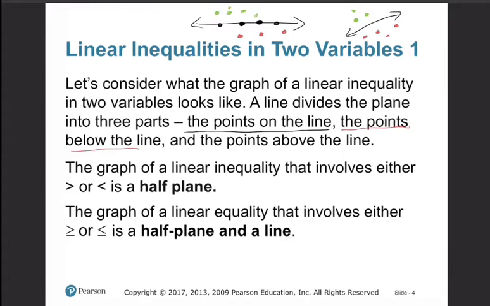Okay? So the graph of a linear inequality that involves either greater than or less than is half a plane. The graph of an inequality that involves greater than or equal to, or less than or equal to, is a half plane and a line. So this separates things.